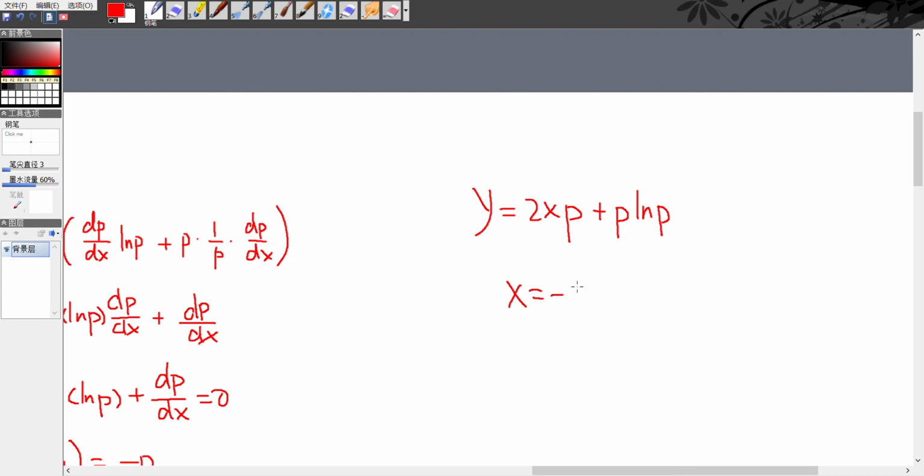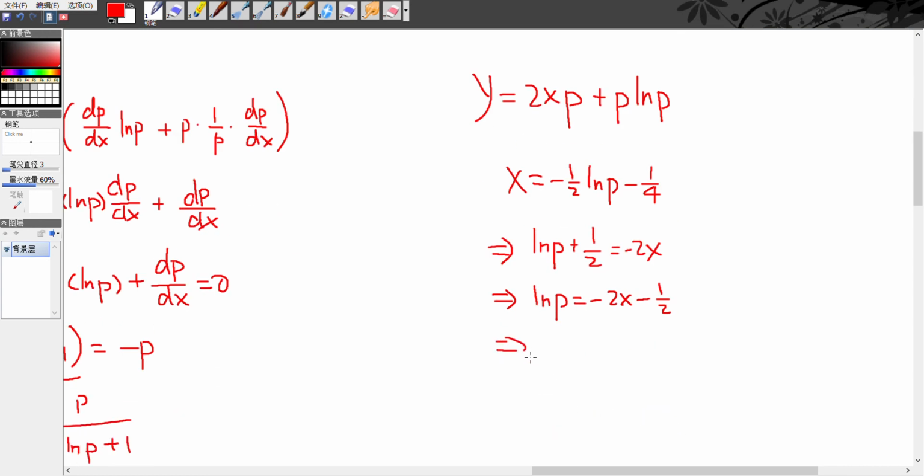From this, we can immediately have ln p is equal to negative 2x minus 1 over 2, and p is equal to e to the negative 2x minus 1 over 2.